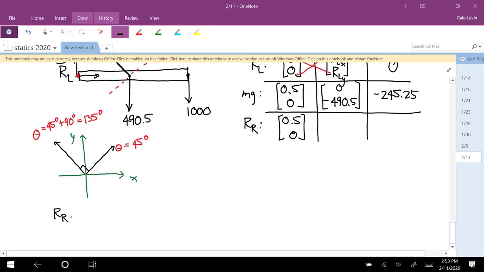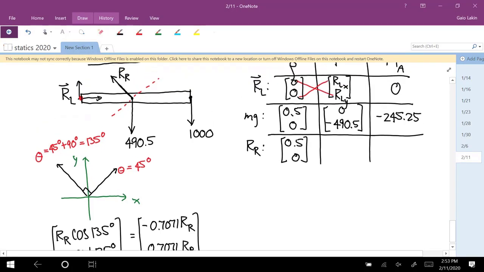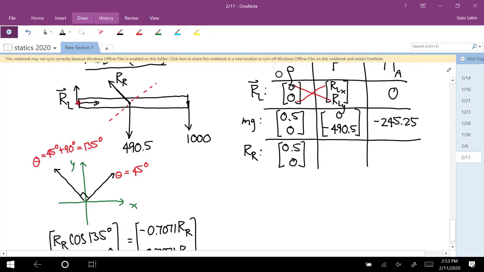So this vector is going to have a magnitude of RR. So it's going to be RR times cosine and sine of 135. And that's negative 0.7071 RR, positive 0.7071 RR. So then that's the force.